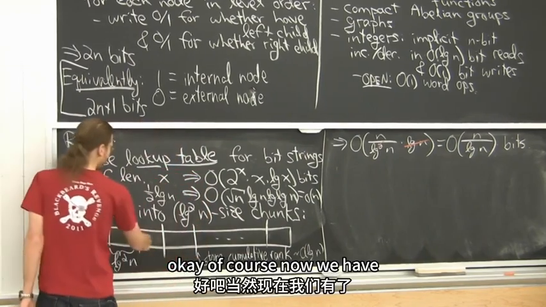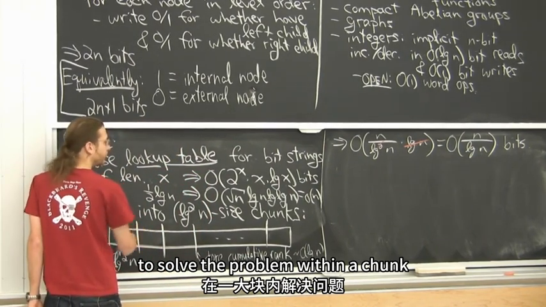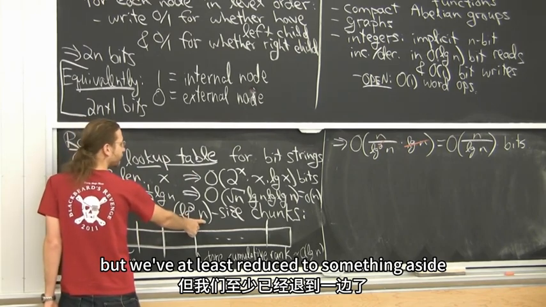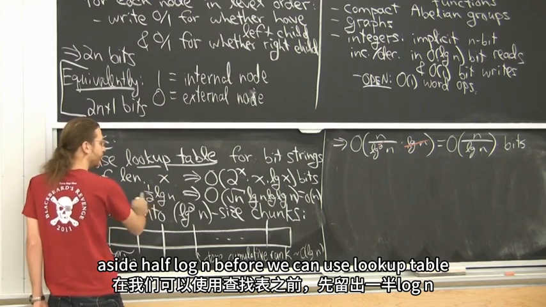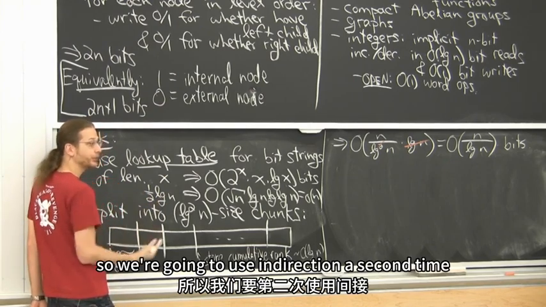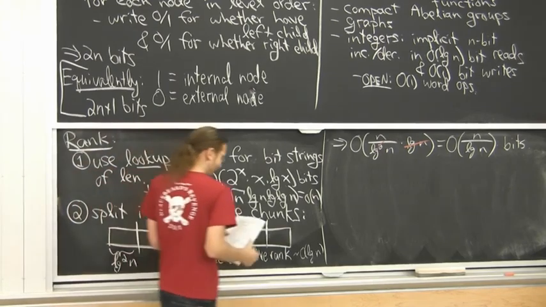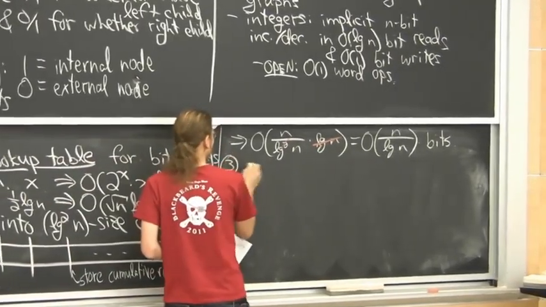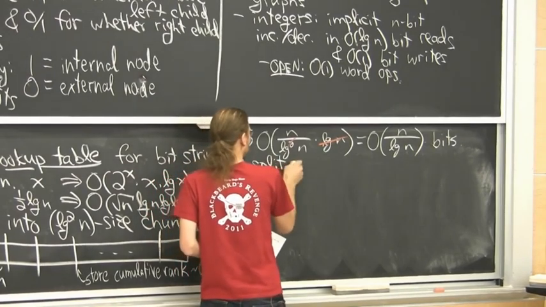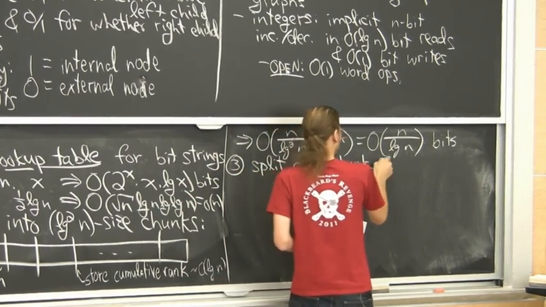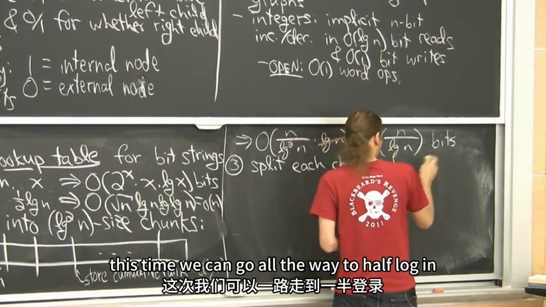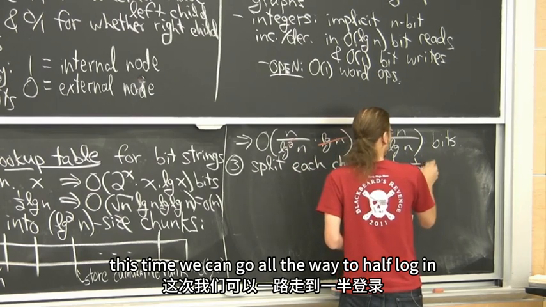Okay, of course now we have to solve the problem within a chunk, but we've at least reduced to something of size log squared. Unfortunately, we need something of size half log n before we can use the lookup table. So there's a bit of a gap here. So we're going to use indirection a second time. This time we can go all the way to half log n.